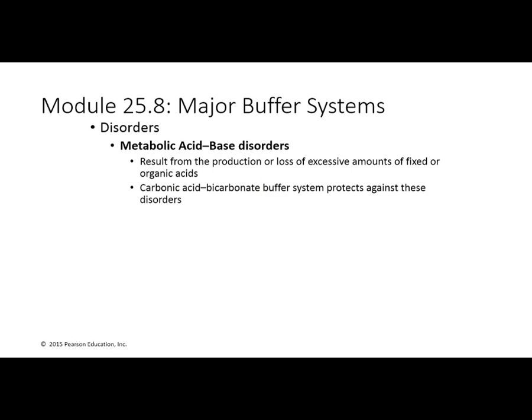Okay, so what can go wrong here? If there's too much acid being produced and you're becoming acidotic, again, we're going to try to work against these, but if for some reason you are producing or you're losing excessive amounts of acid, either way, if you've got a lot of diarrhea and you're vomiting a lot, what could happen to your pH? What do you think?